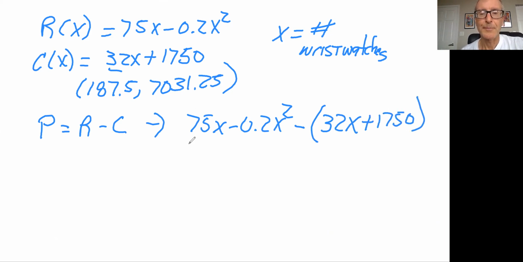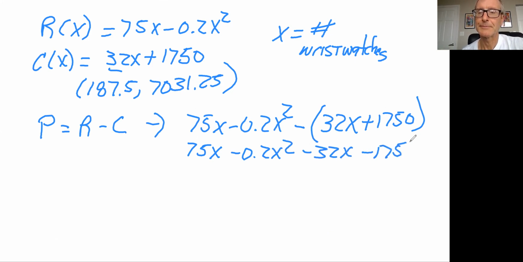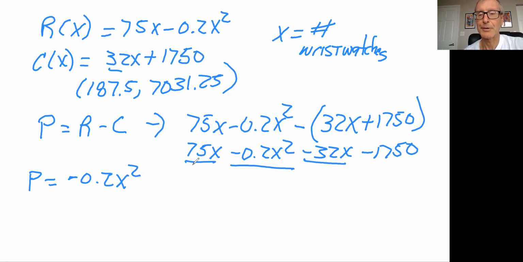And so 75x minus 0.2x squared, and then we have minus 32x minus 1750. And so we have just one x squared. We have combined the two linear terms. And so that would be plus 43x.